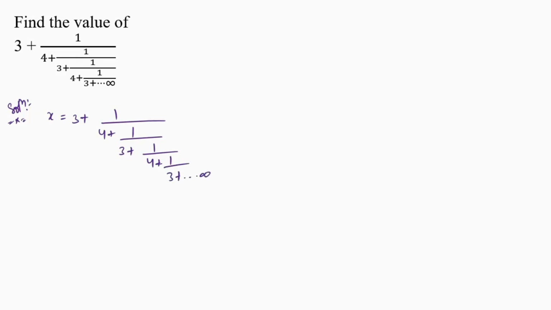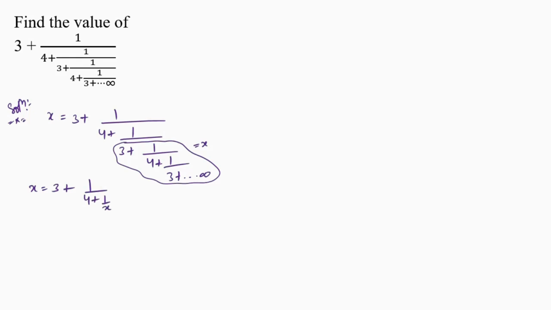And if we look at this term, which is basically x, which we have assumed earlier, this can be written as x equals 3 plus 1 over 4 plus 1 over x.